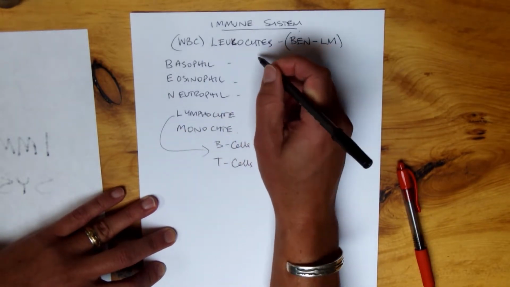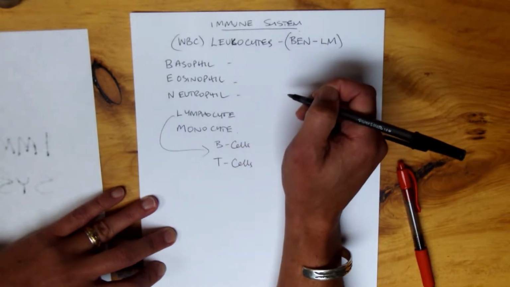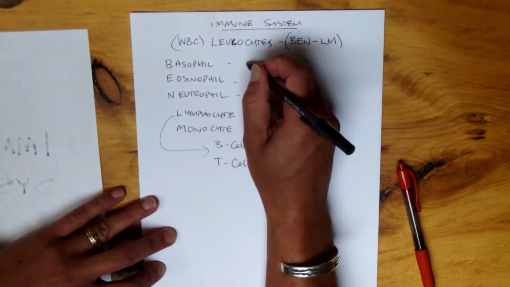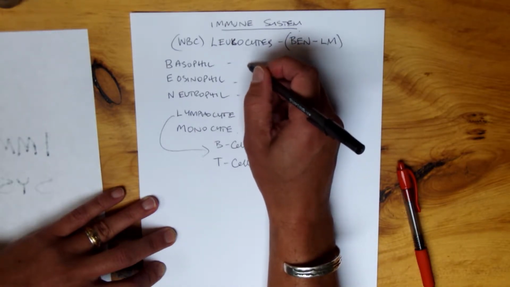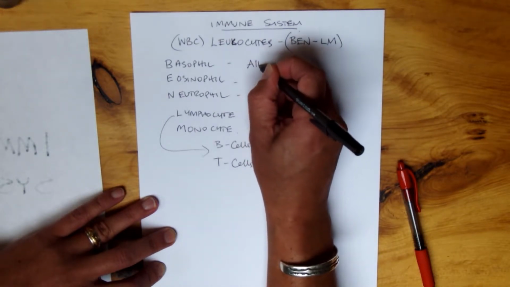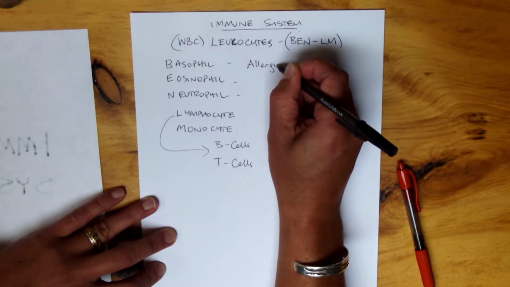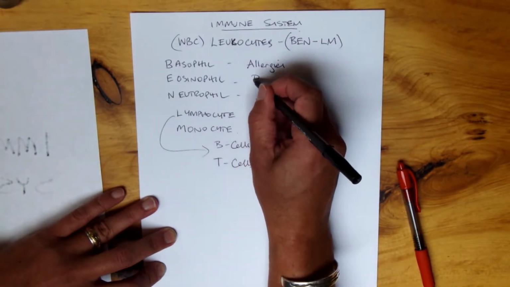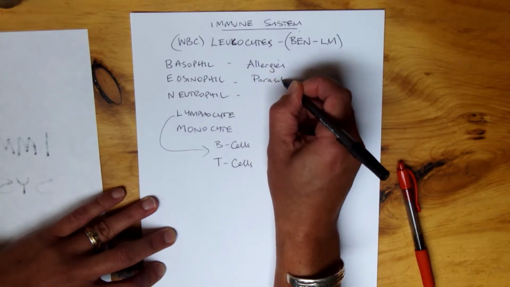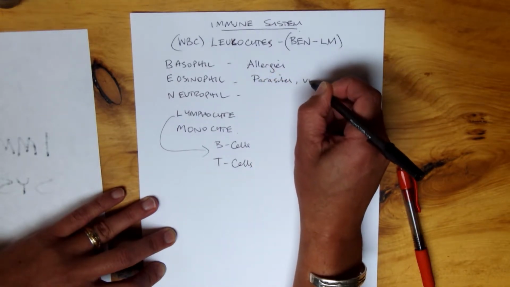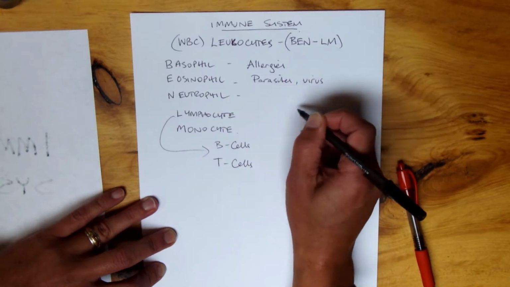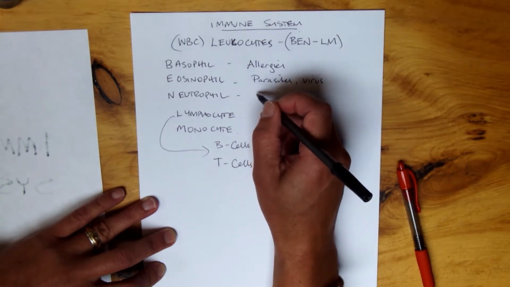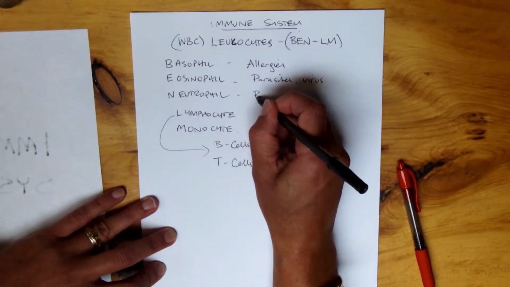Now, let's get into it. What do you have to remember about a basophil? The main thing you have to think about is that it comes about particularly when you get allergic reactions or allergies, right? In eosinophils, the big key here is parasites, but also viruses. Neutrophil, just think bacteria.